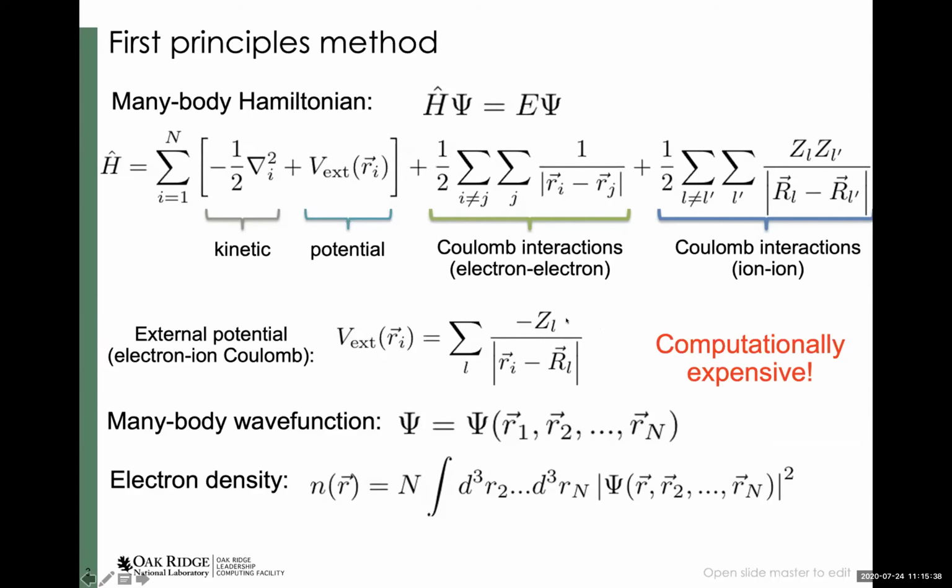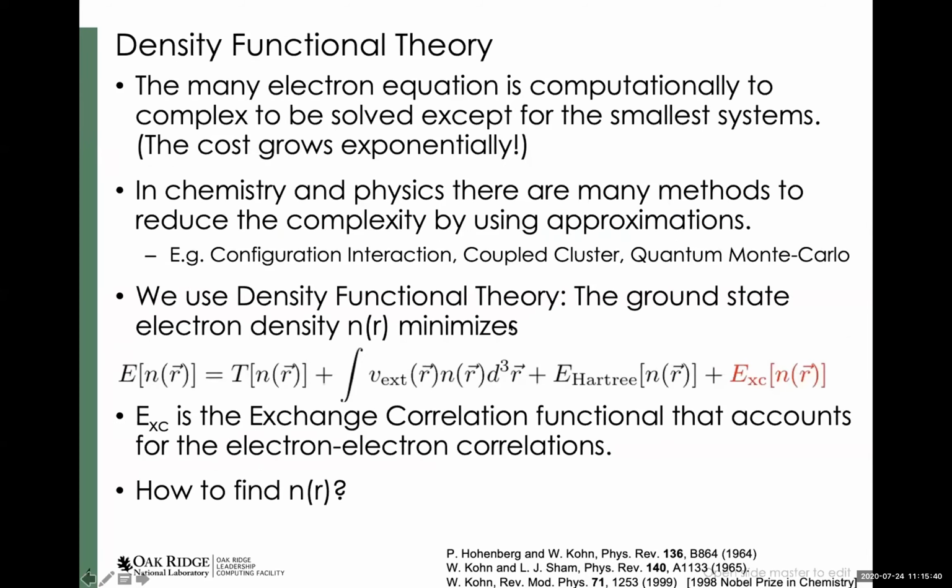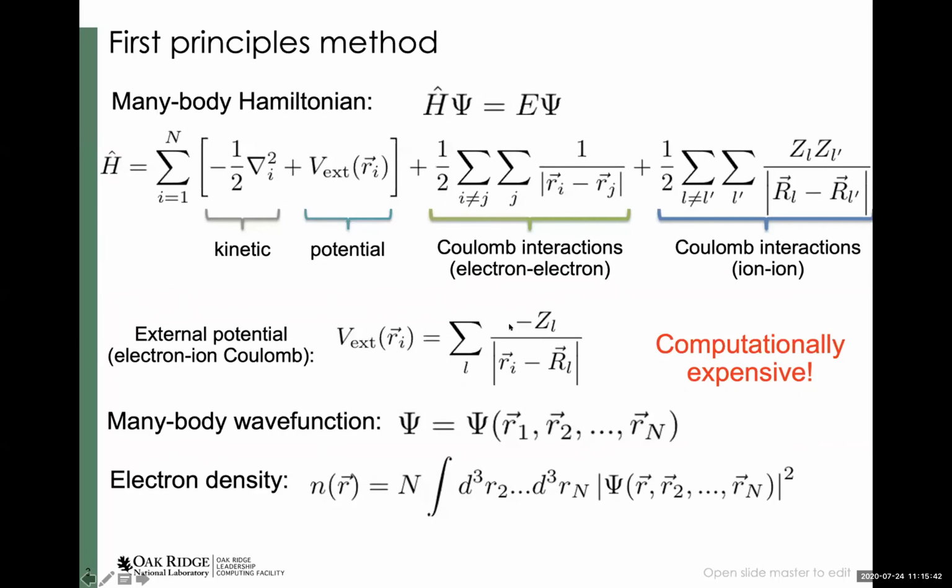So we'll have to consider that all the electrons are interacting with each other. So we have an electron wave function that depends on the positions of all the electrons. If you have n electrons, this is actually 3n coordinates.